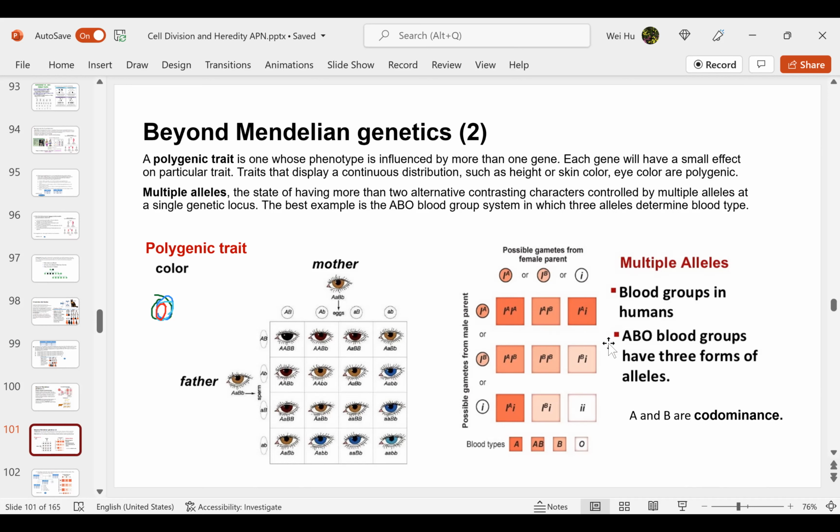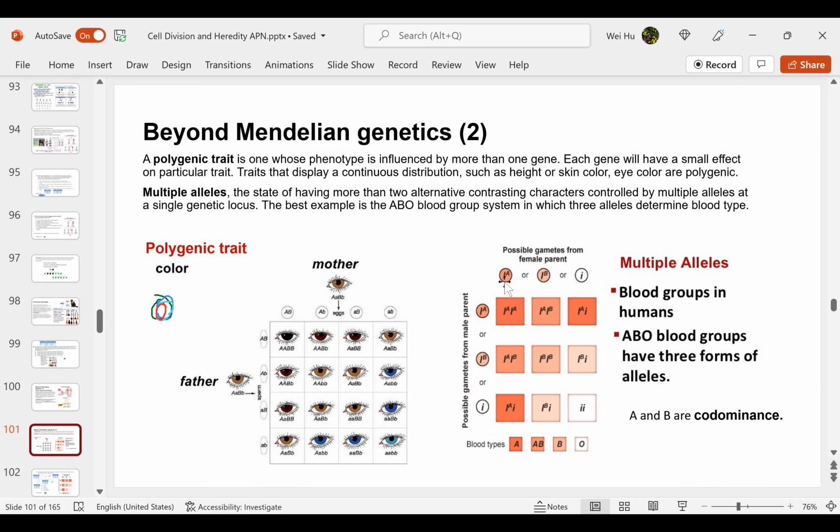So how many alleles do you have? You have A, you have B, and you also have O. O stands for i, so we use i for the O. A is dominant, B is dominant, and i is recessive. At any given time, you only have 2.